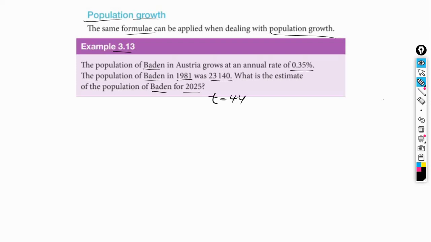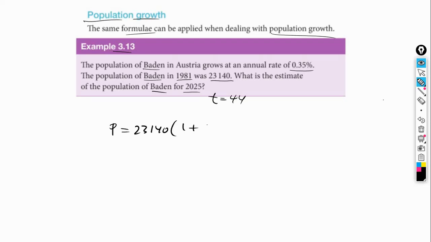So here we can say that the population, we're not talking about amounts anymore, so the population is going to be equal to 23,140 times 1 plus the rate. Now be careful here because this is 0.35%. So we have to add 2 more zeros to this to the left.